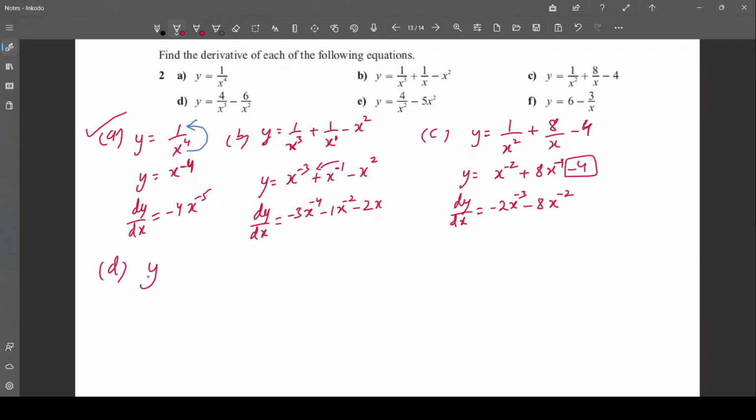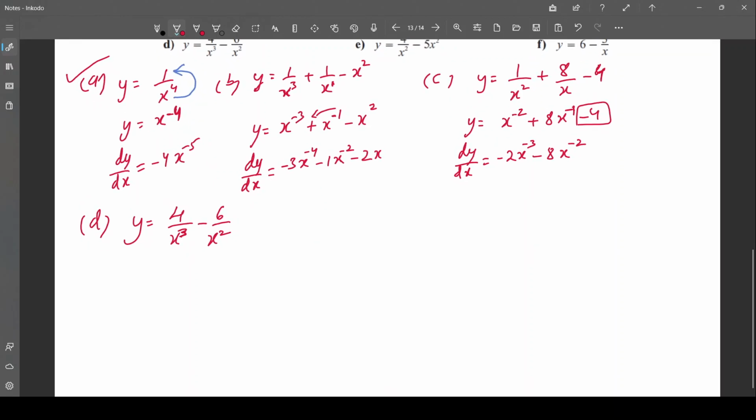Now differentiate this function, 4 by x cube minus 6 by x square. As I told you, this x cube needs to be shifted over the top. If I shift x cube, it will have negative 3, and if I shift x square, it will have negative 2.